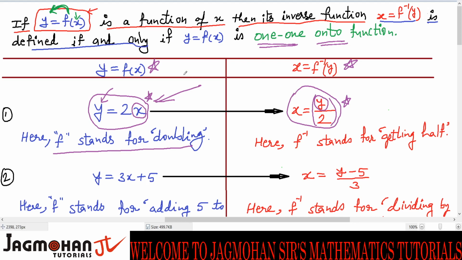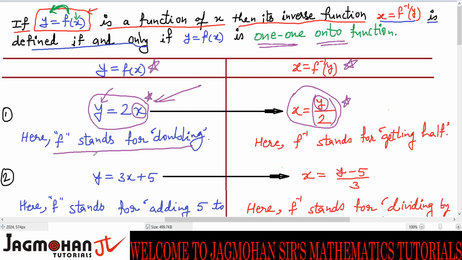So when two functions are inverse of each other, the two functions have reversed domain and range. If something is the domain of one function, then in the case of its inverse function it will be the range, and vice versa.